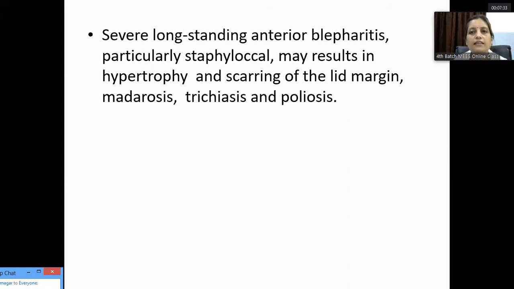Severe long-standing anterior blepharitis, particularly the staphylococcal, may result in hypertrophy and scarring of the lid margin, madarosis, trichiasis and poliosis.